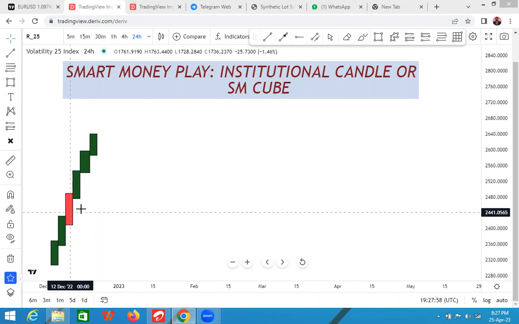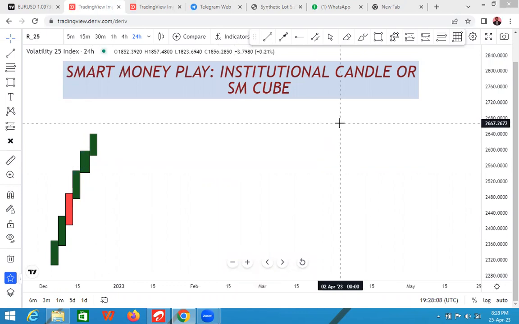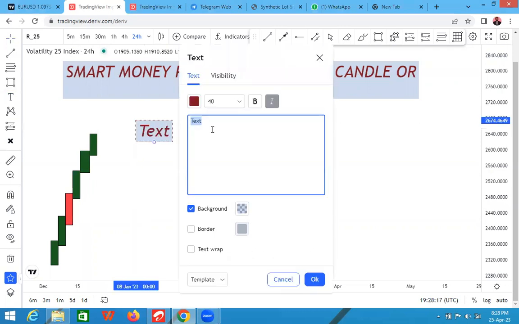So how do I define it now? Institutional candle, also known as smart money cube, is that one bearish candle that goes against the consecutive bullish candles in an uptrend. Let me try to write that. Institutional candle, also known as smart money cube.